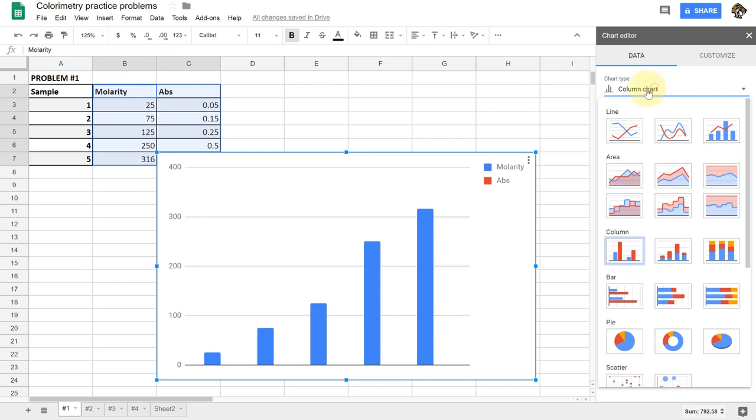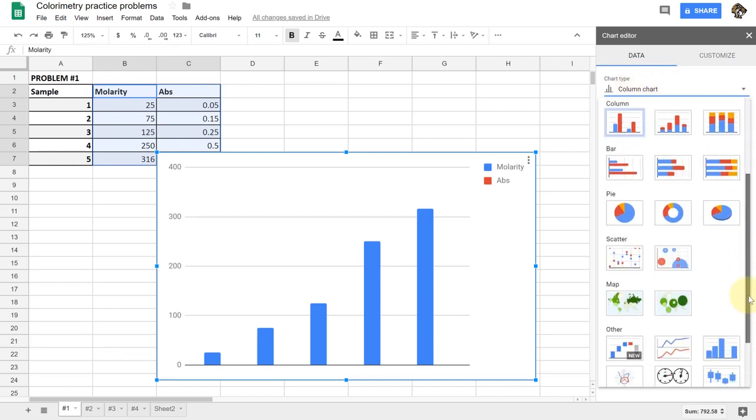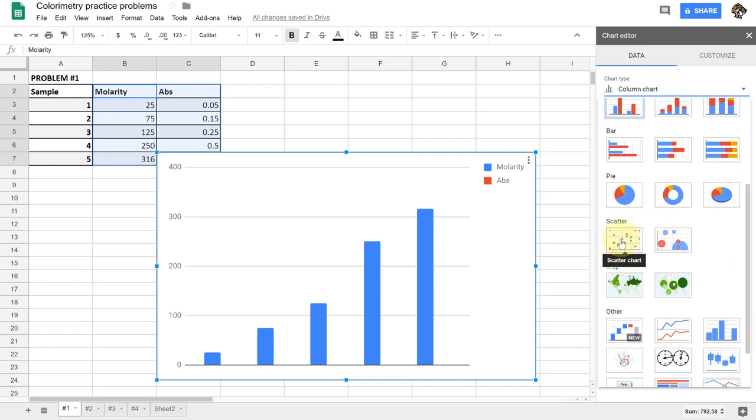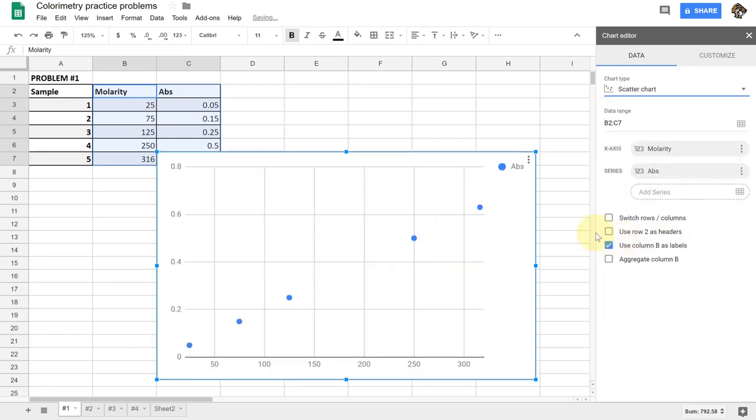I want to make this a scatter plot though. So I'm going to choose this, and I'm going to go down a little ways here until I see the dots under scatter. And I'm going to choose that. Now it's going to turn those bars into just points that are plotted on an XY kind of graph. All right. It's got my graph. It's got my chart.